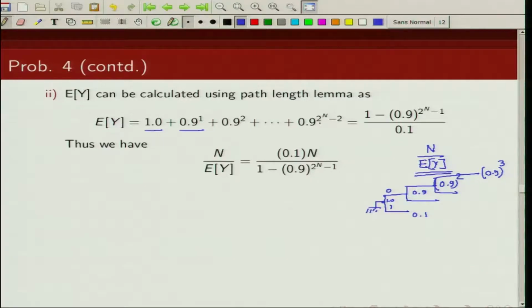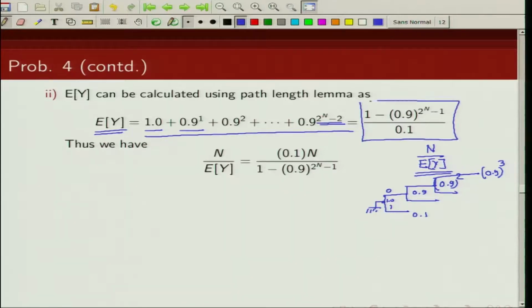So you will do this until the n extensions of this leaf containing this 0. So the expected code word length in case of this run length coding can be written like this, and this is equal to this. Then the ratio of n divided by expected value of y comes out to be this.